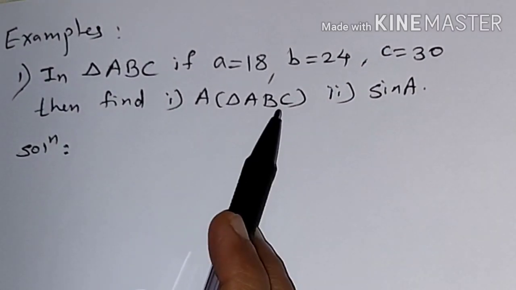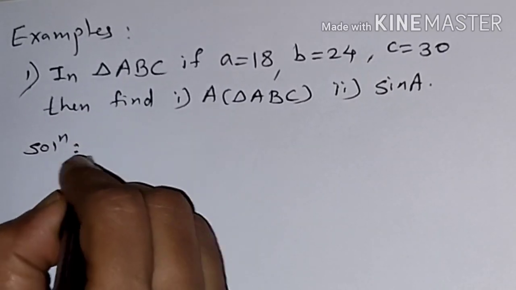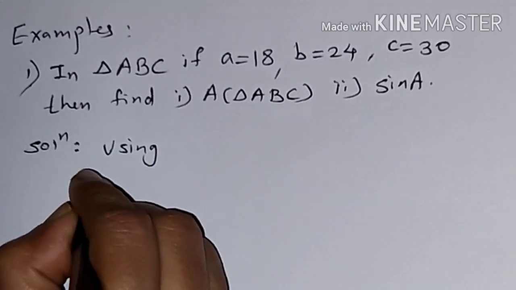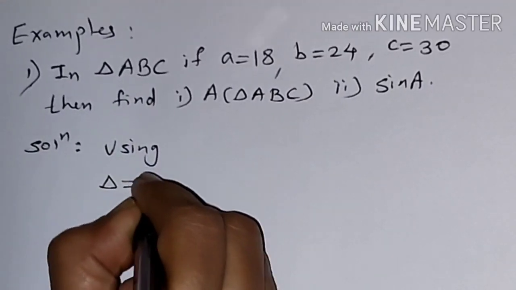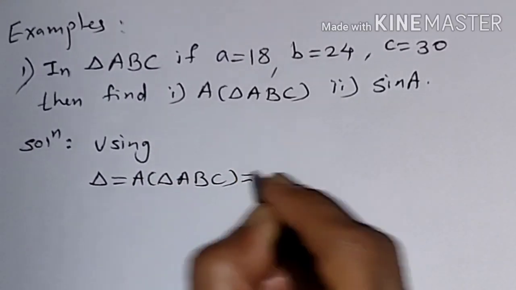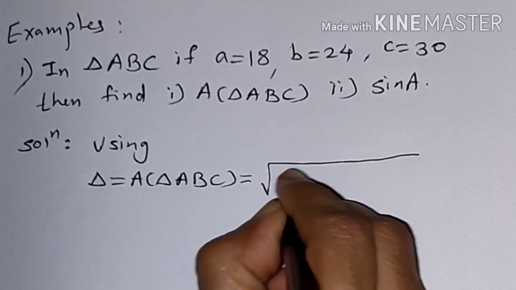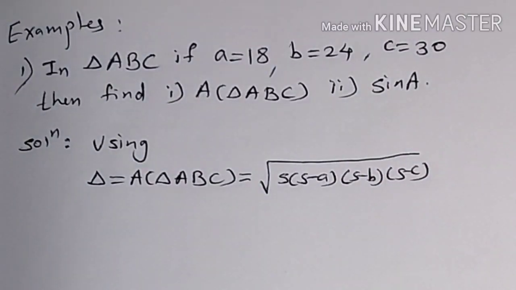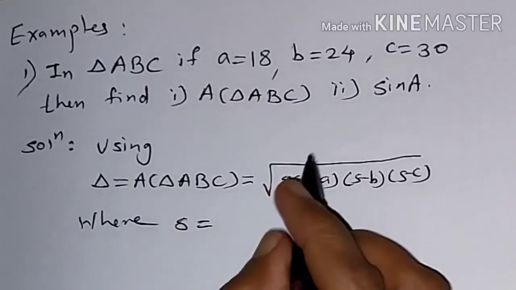First, we want to find the area of triangle ABC and three sides are given. So we can use Heron's formula: area of triangle ABC, or delta, is equal to the square root of s into s minus a into s minus b into s minus c, where s is the semi-perimeter of triangle ABC.